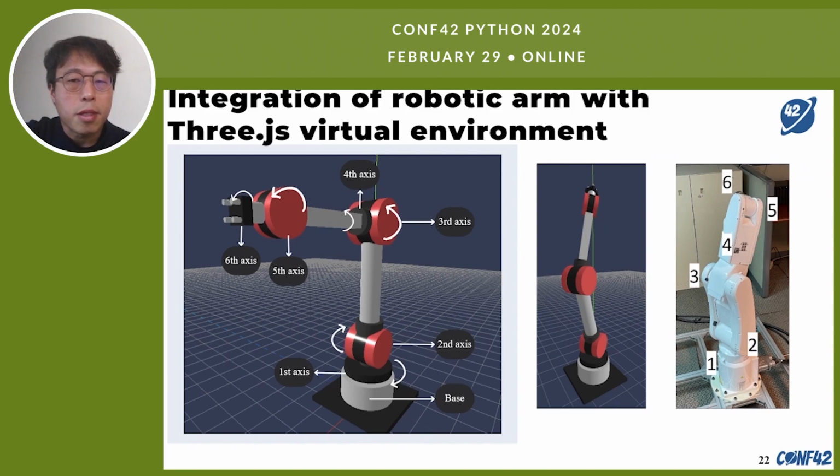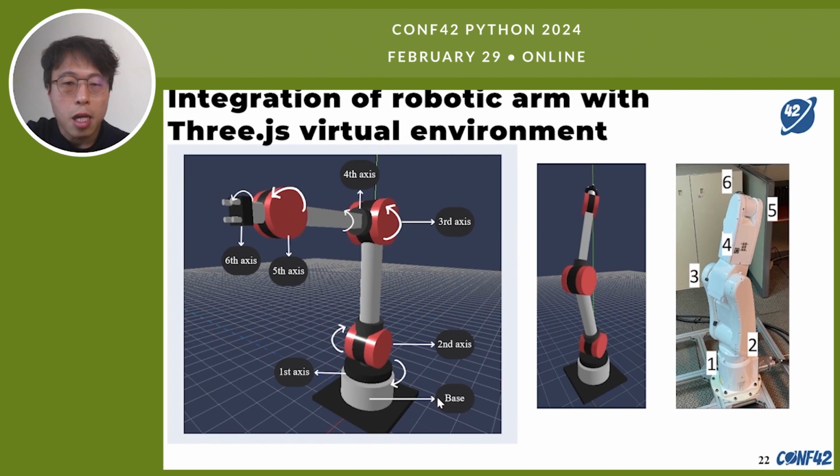And then we continue to see how we integrate a robotic arm in the virtual environment with the physical robotic arm here. We create a model containing six axes, and on the bottom there's one base.